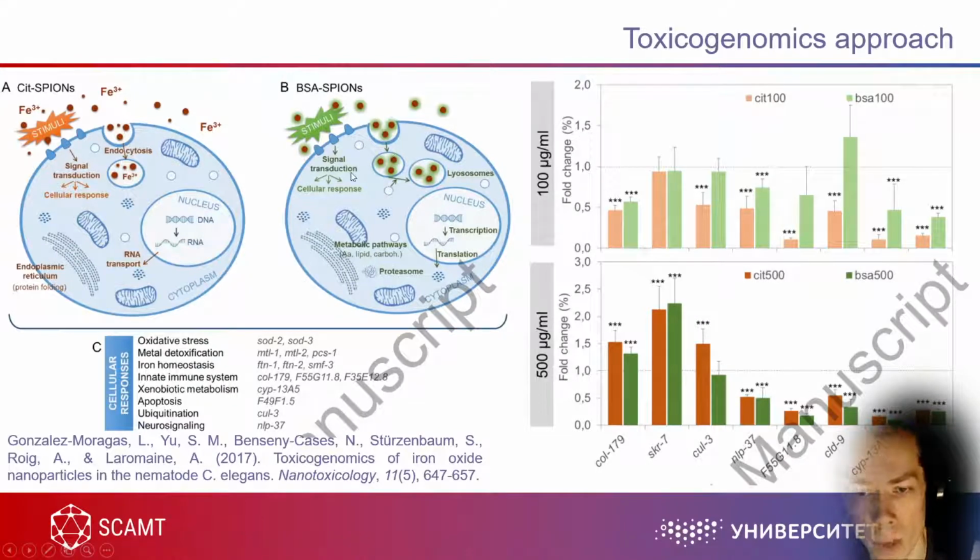In this particular paper, all of the studies were conducted on the nematode C. elegans, which is a very frequently used model organism because the whole genome of C. elegans is already sequenced, and everything is known about this organism. Every gene is known, what the purpose of these genes is, and so on.